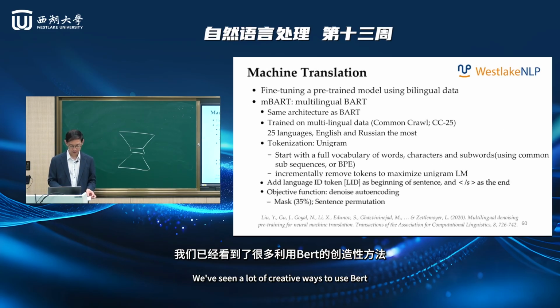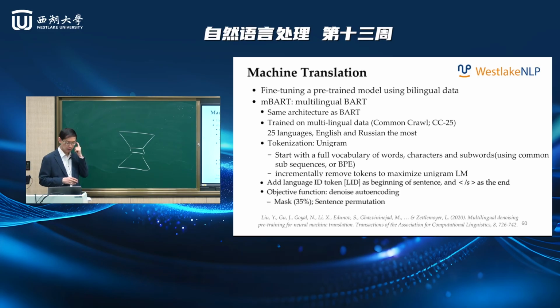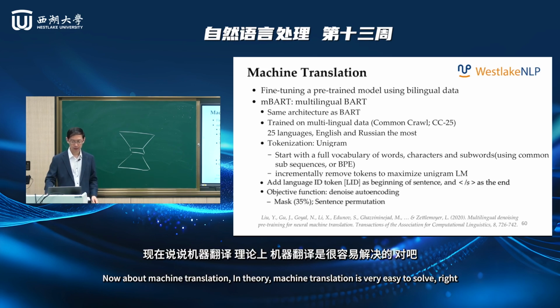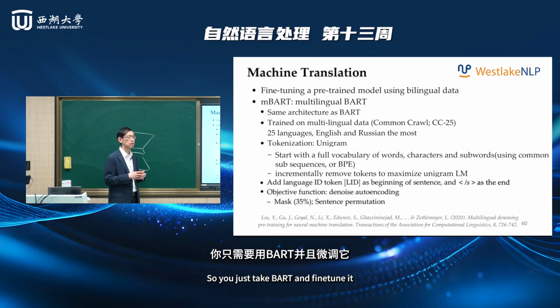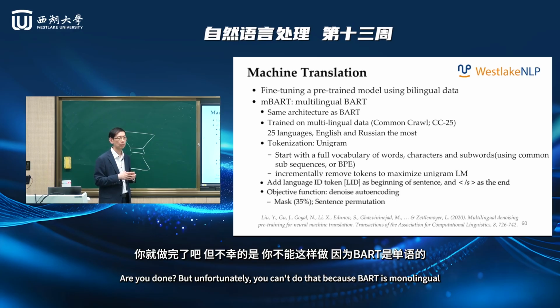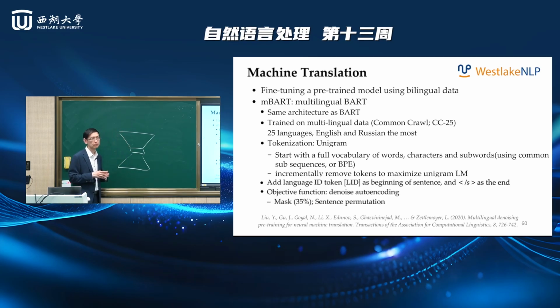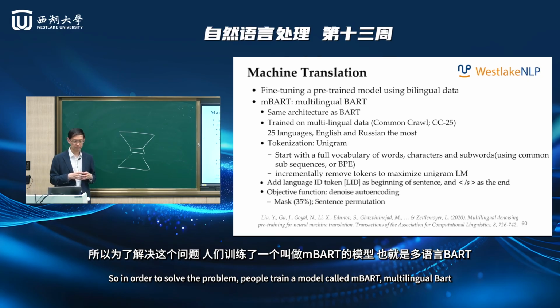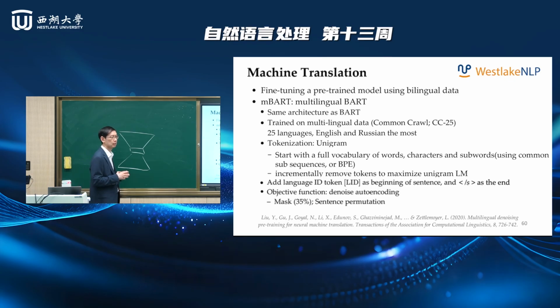Okay, we've seen a lot of creative ways to use BERT. Now, about machine translation. In theory, machine translation is very easy to solve, right? So you just take BART and fine-tune it. The input is the source, the output is the target, you are done. But unfortunately, you can't do that because BART is monolingual. So in order to solve the problem, people trained a model called mBART, multilingual BART.